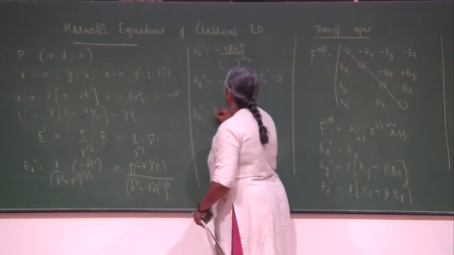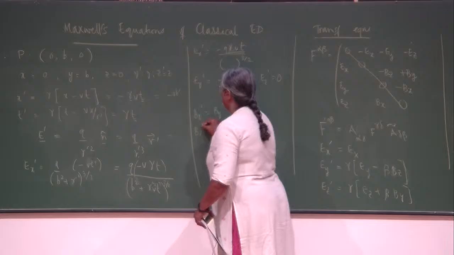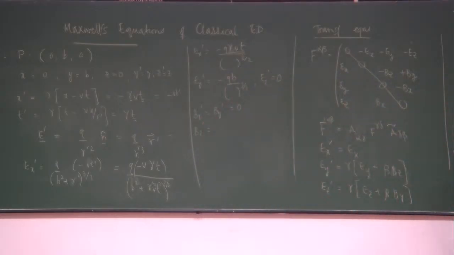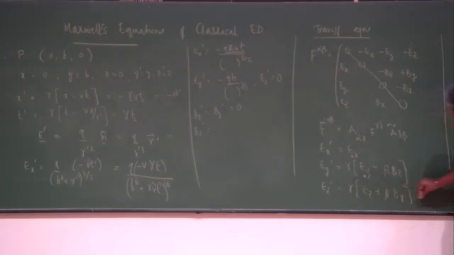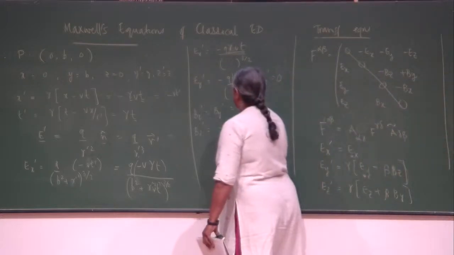Bx prime, By prime, you can take it out, will come out to be 0. Bz prime, you can see here there is a non-zero Ey. So we had only non-zero Ex, Ey, right? So that will give me Ex prime, Ey prime, this will be 0, this will be 0, this will be 0, but Bz prime will be minus gamma beta Ey.